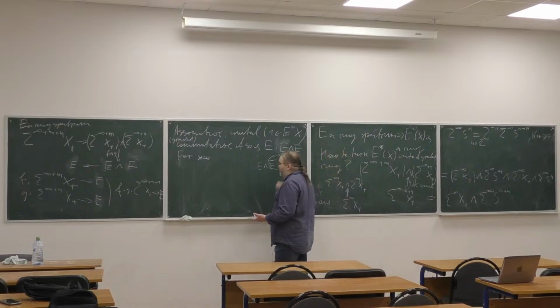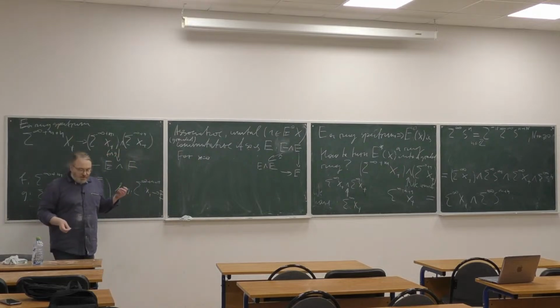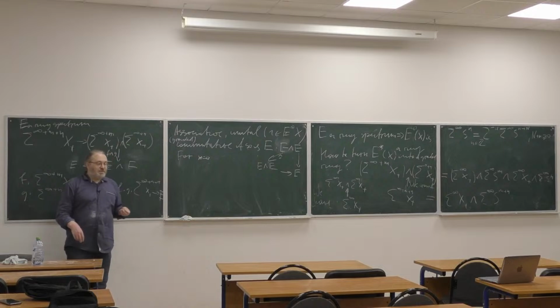The product both here and here. Does this make sense, or the sense has been lost long ago? So E must be commutative for E star of X to be commutative. Yes. If E itself is not commutative, then it's hard to expect that the E star of X will be commutative.